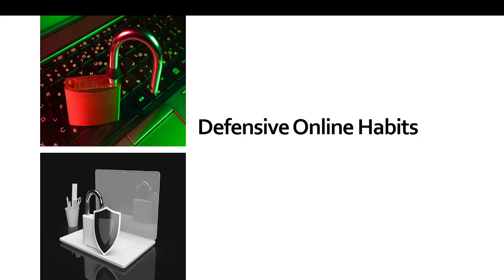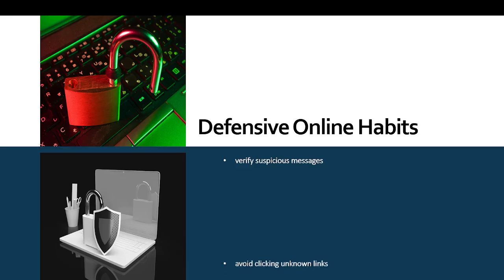So I'm going to give you some habits. Verify suspicious messages. Avoid clicking unknown links. Never share your OTP code. These are things that most organizations and companies use digitally.